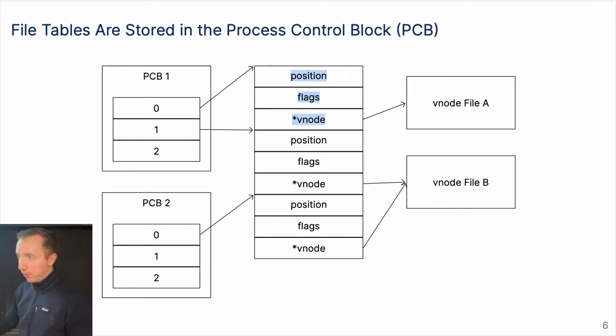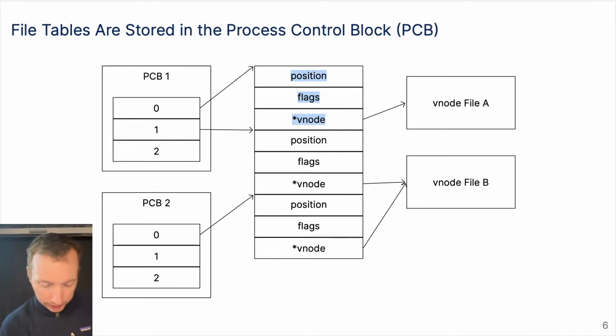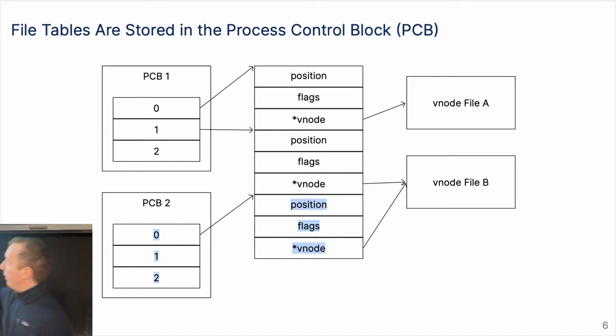And this entry would have a position, flags, and then a vnode that points to some file, let's call it A. And then file descriptor 1 would point to something else that has its own position, flags, and a vnode that could be pointing to file B. And then in process 2, its file descriptor 0 could also have its own separate position, flags, and vnode, where that vnode points to the file B.